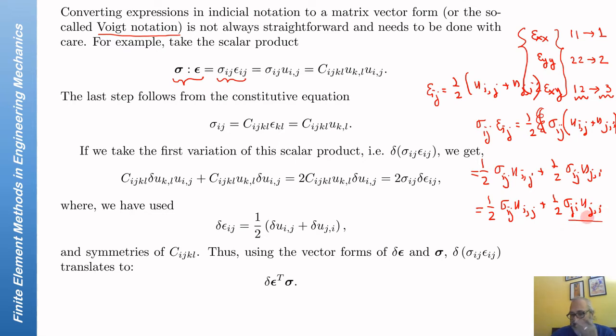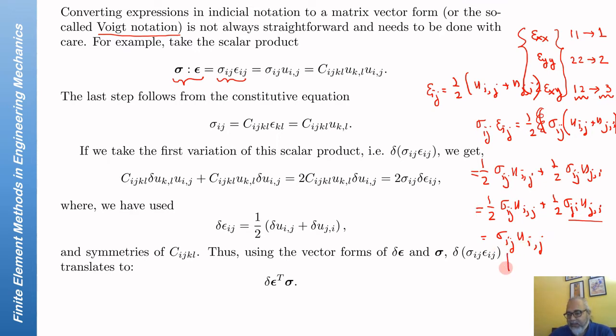They just have the j and i reversed, but they actually mean the same thing. They actually mean sigma 1 1 u 1 comma 1, sigma 2 2 u 2 comma 2, and so on and so forth. So then I can just add these two together and write it as sigma ij u i comma j.